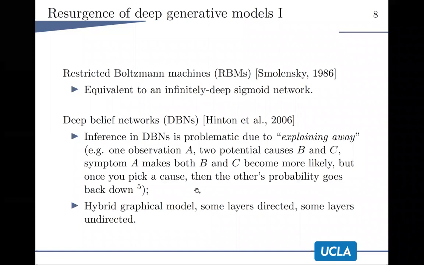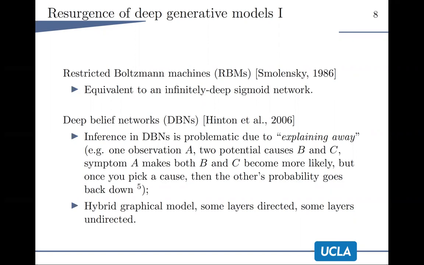Something that is mentioned in the lecture is that inference is problematic due to a phenomenon called explaining away. According to some of the information I found online, the explaining away phenomenon says that if we see an observation A and there are two potential causes, B and C, then when we see A happen, the chance of B happening and the chance of C happening both become higher.